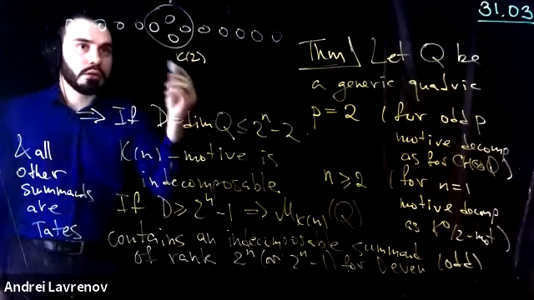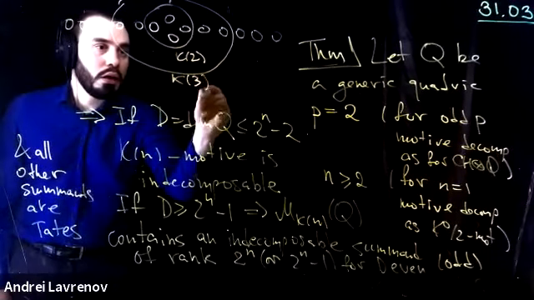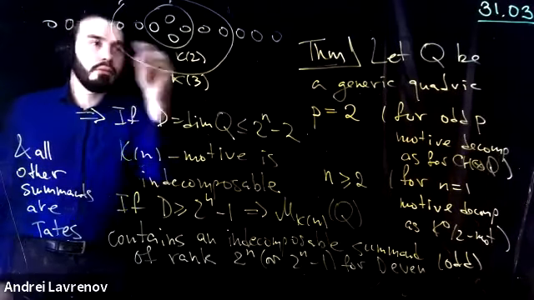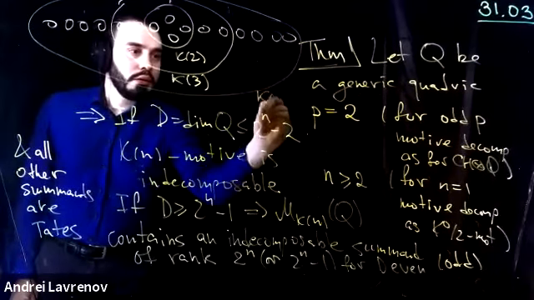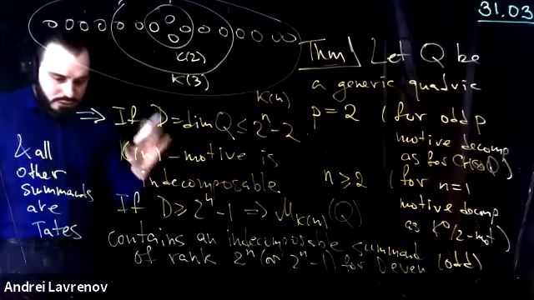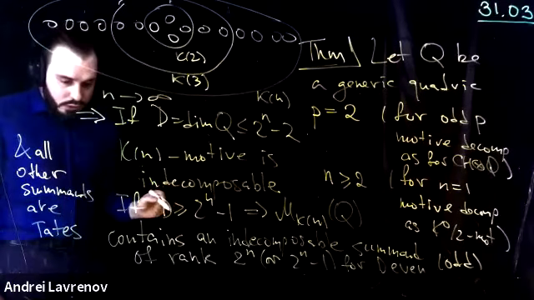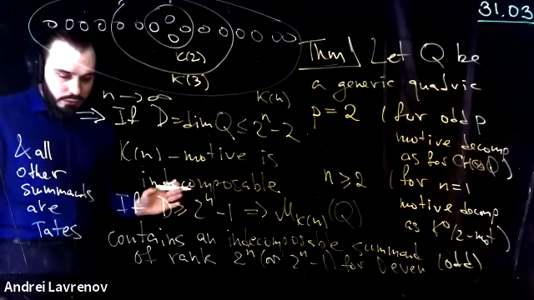And if we take K_3, then we have something like that. If we take K_4, then we have something like that. And in a certain sense, in the limit, when n goes to infinity, we just get at some step the indecomposable summand as we have for Chow.